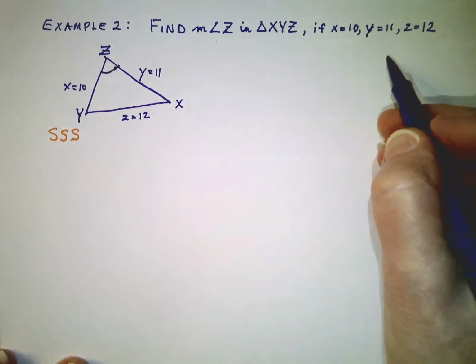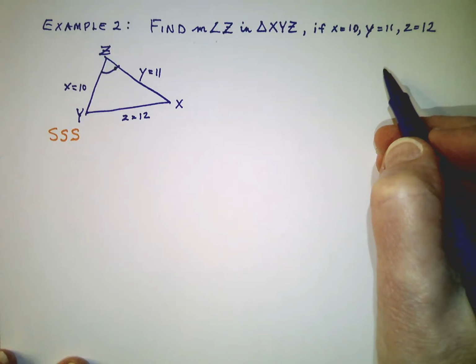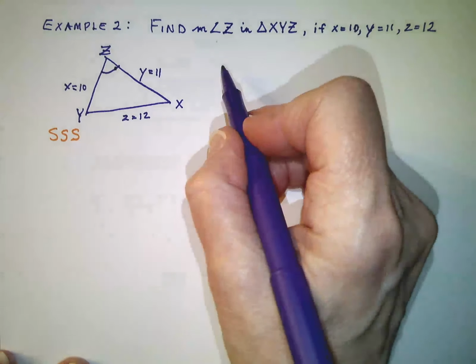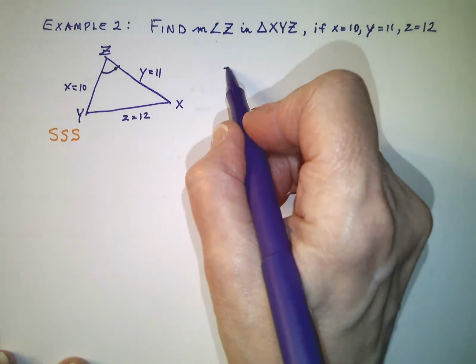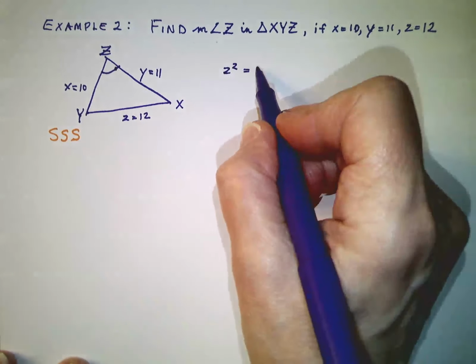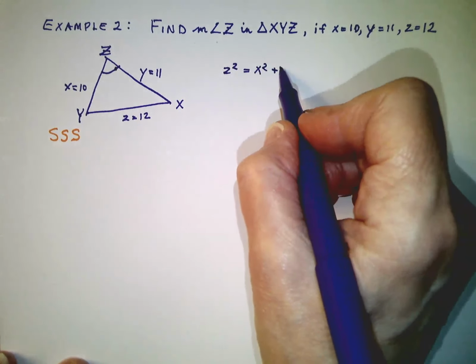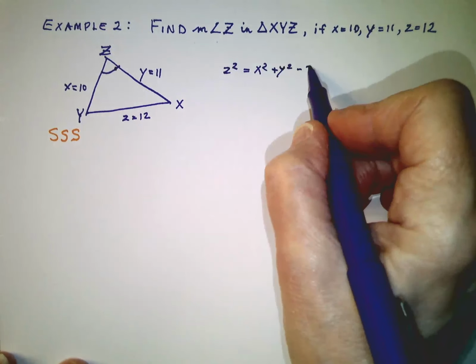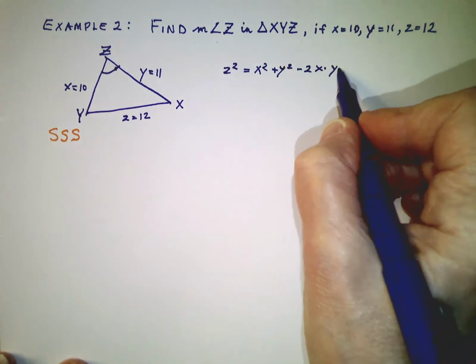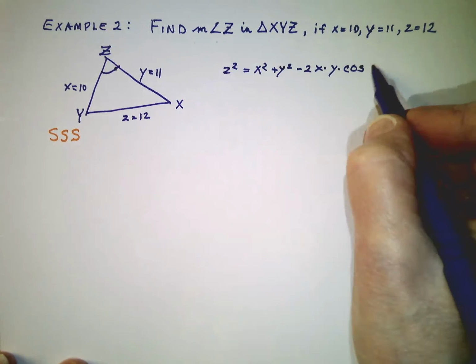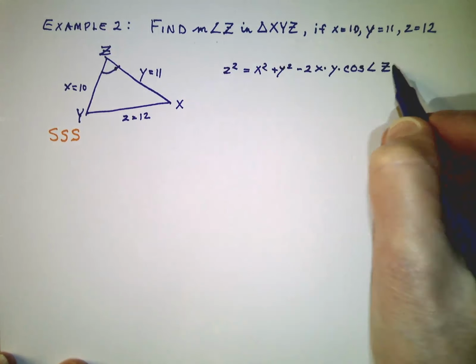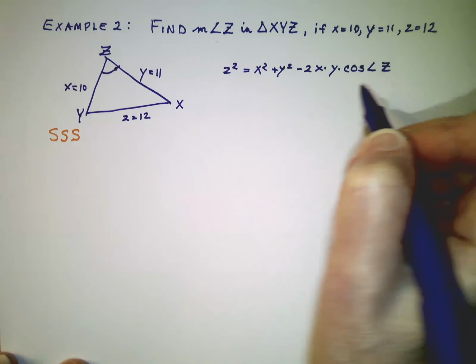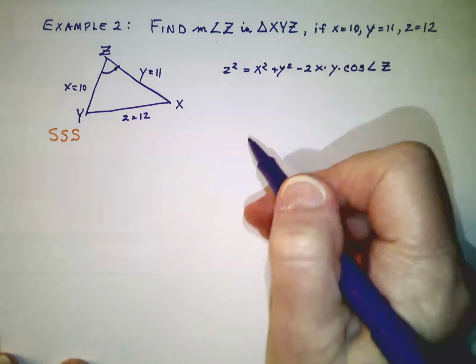So we're going to end our equation with angle Z, which means we're going to start our equation with side Z. Z squared is going to equal X squared plus Y squared minus 2 times X times Y times the cosine of angle Z. And then we substitute in all the numbers.